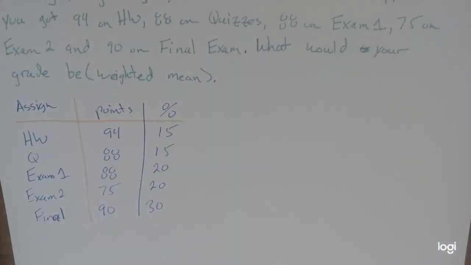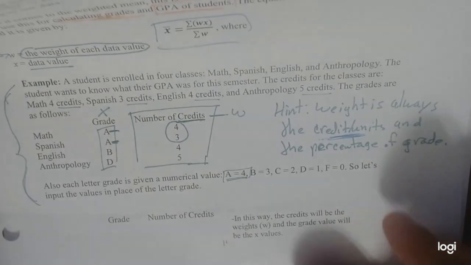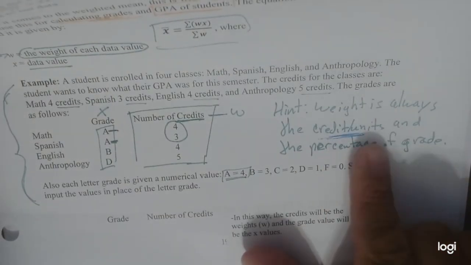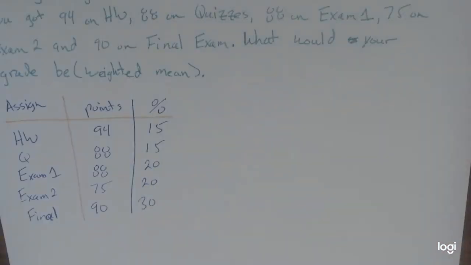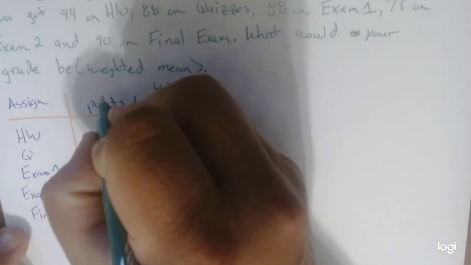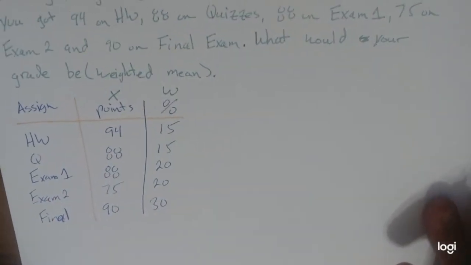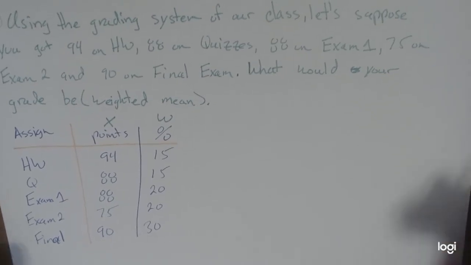This is what I meant by the hint from the other one: the W's are always the percentages of the grade. Therefore, by default, our points are the X's. That's how we figure out the weighted mean for GPAs and also how you find your grade itself.